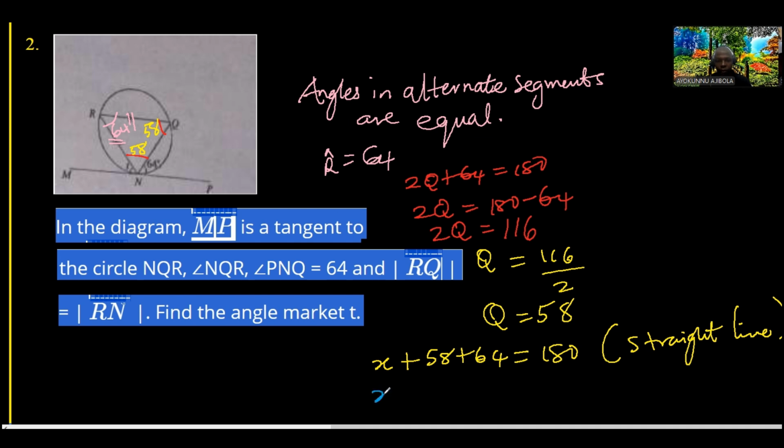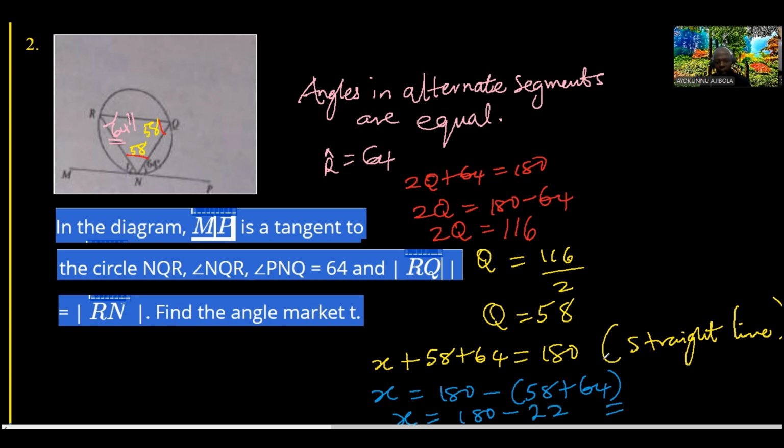Now we have x equals 180 minus 58 plus 64. What is 58 plus 64? 122. So 122.